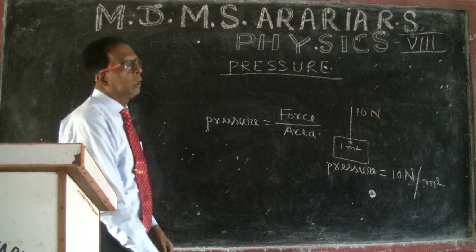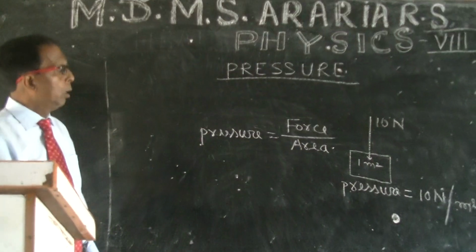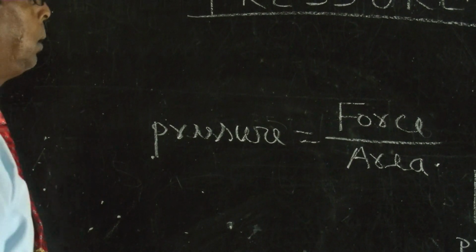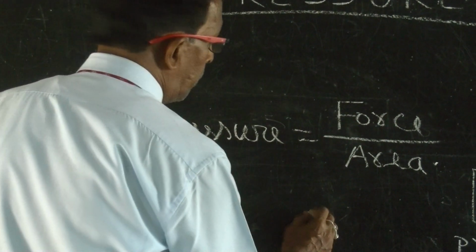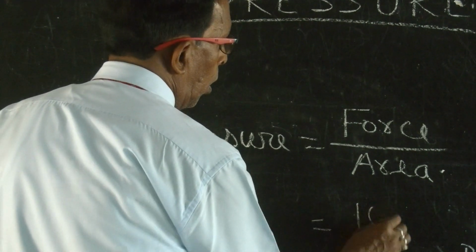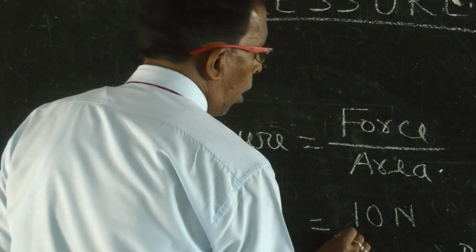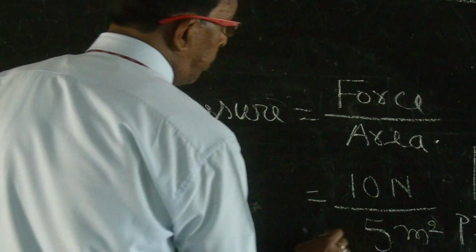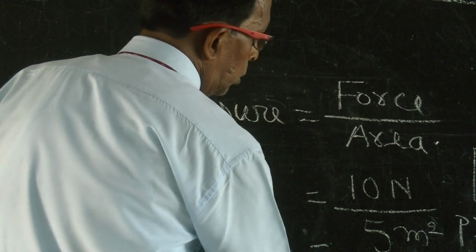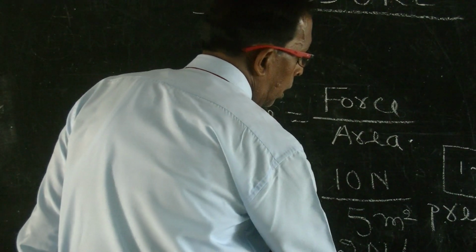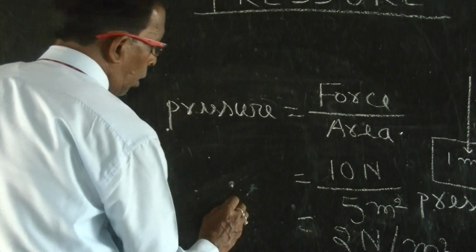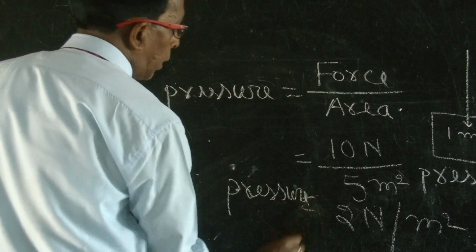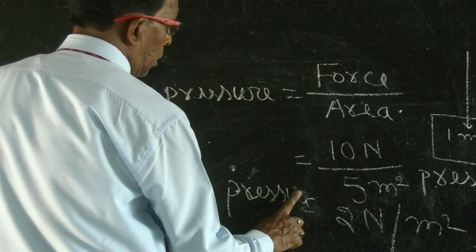To understand this equation of pressure, if a 10 Newton force is acting on a surface of 5 meter square, then what is the pressure? 2 Newton per meter square, my children. On that surface, the pressure is 2 Newton per meter square.